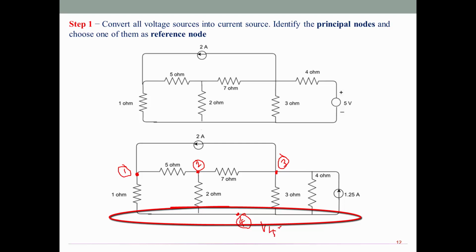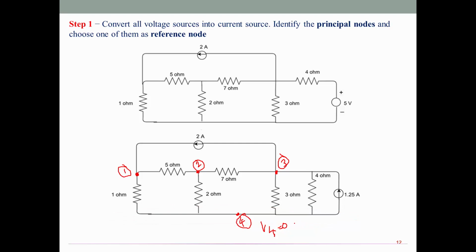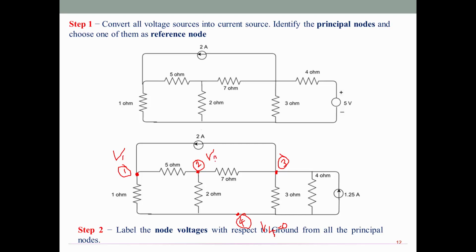In fact, the 4th node is a reference node, so make it 0 volt. Then simply label the node voltages. Node 1 has V1, node 2 has the voltage V2, and node 3 has the voltage V3. V4 is already defined as the reference node and made 0 volt.